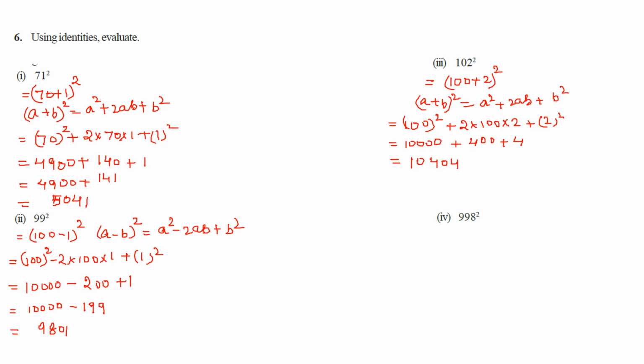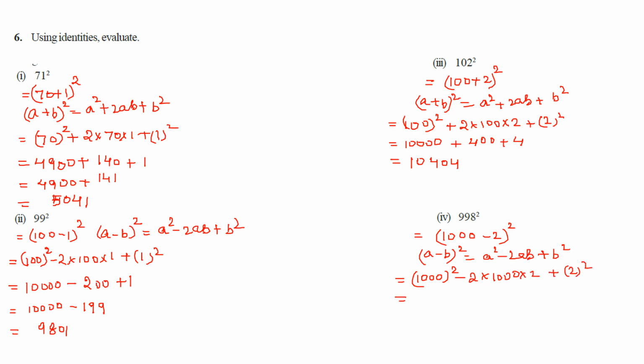Next is 998 square. 998 is near to 1000. So I can write it as 1000 minus 2 whole square. And then I can use the identity a minus b whole square, which is a square minus 2ab plus b square. So it will be 1000 whole square minus 2 into 1000 into 2 plus 2 whole square.